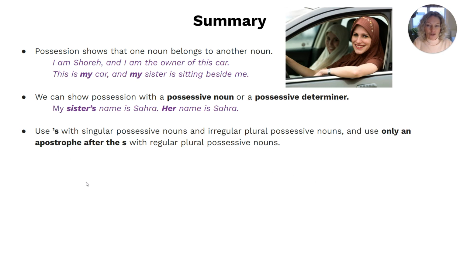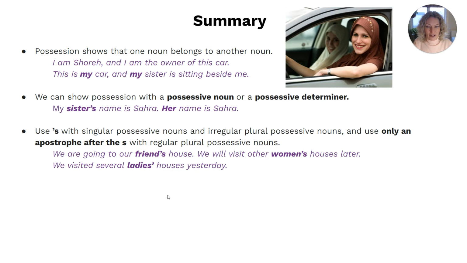Use apostrophe S with singular possessive nouns and irregular plural possessive nouns, and use only an apostrophe after the S with regular plural possessive nouns. So here's an example. We are going to our friend's house. We will visit other women's houses later. So that apostrophe S in friend's shows that it's singular, one friend.